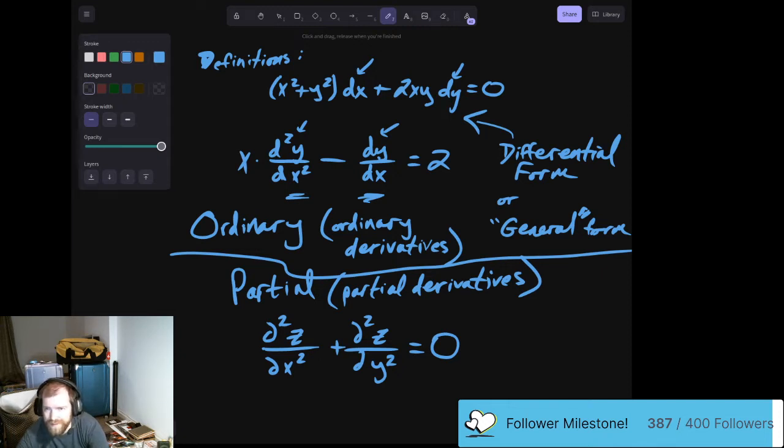No. It's the second derivative. The sum of the second derivatives is equal to 0. Some of its second partial derivatives, yeah.